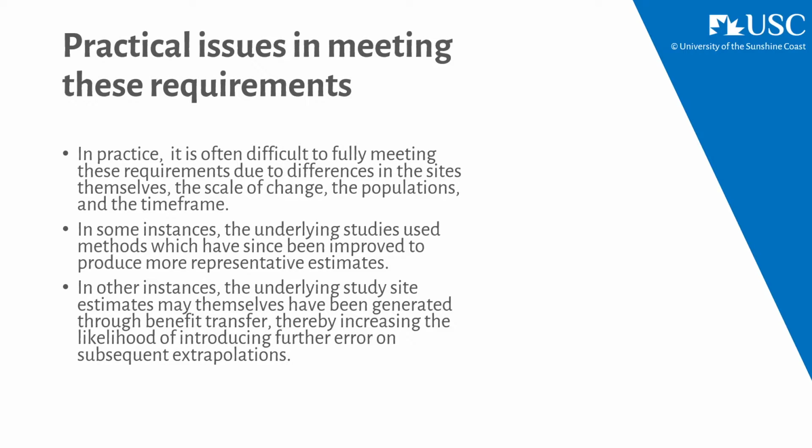So there are relatively limited studies that we can draw from. And there would be differences in the sites themselves, the scale of the change, the populations, and the time frame when it was done. So those right away are limiting features when we're doing this benefit transfer.